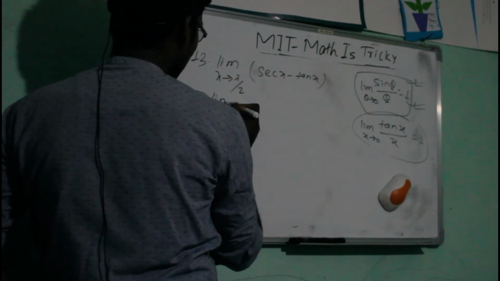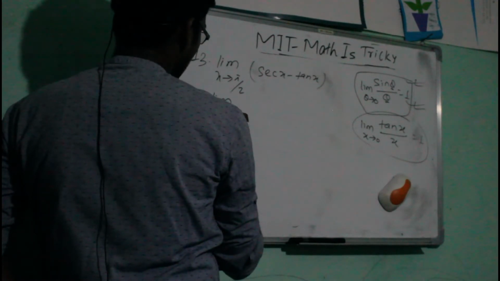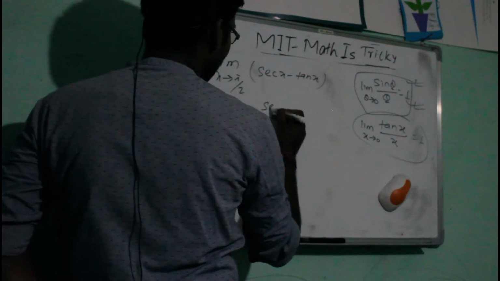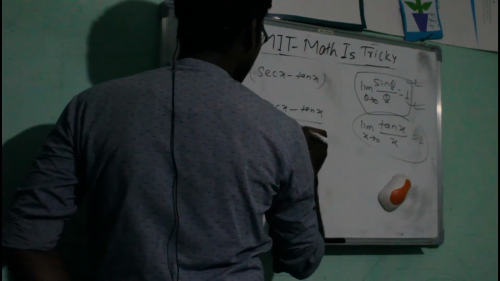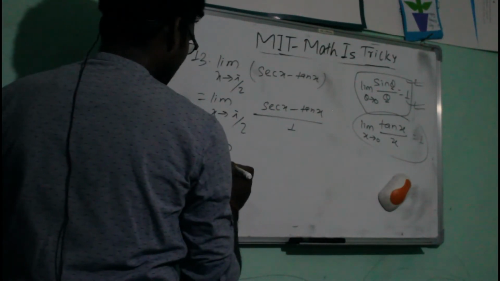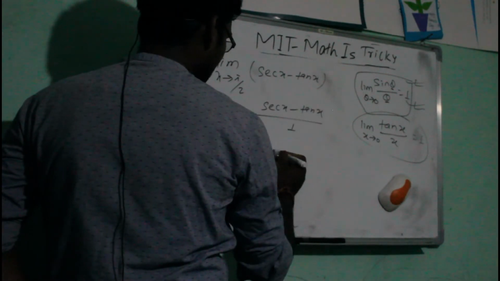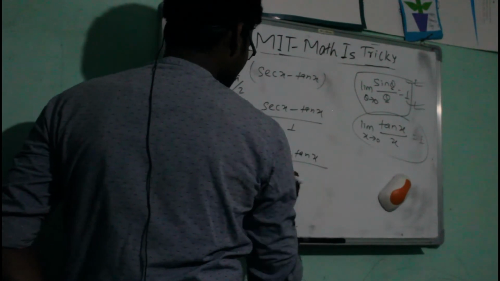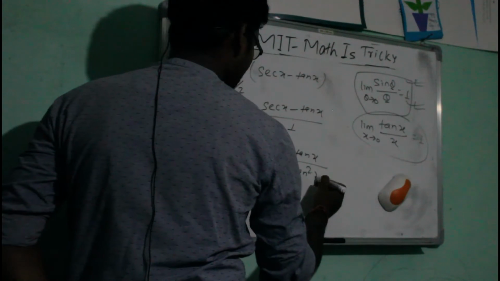So I'm just writing here, let's rationalize this, so that we're getting limit x tends to pi by 2, and for sec x minus tan x, let's put 1 in the denominator. Now we can put the formula for 1 so that it will be cancelled. So sec x minus tan x, and then this is sec square x minus tan square x.